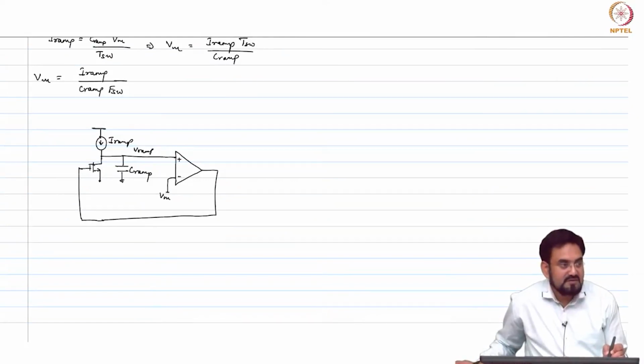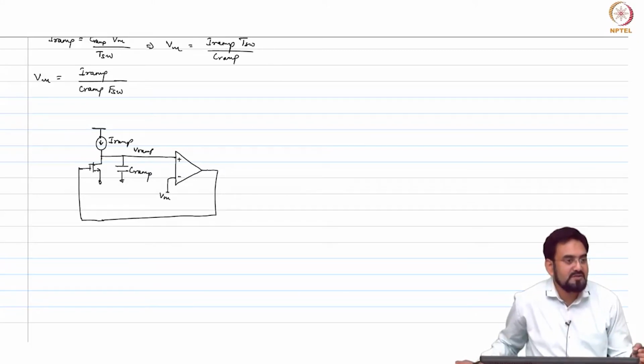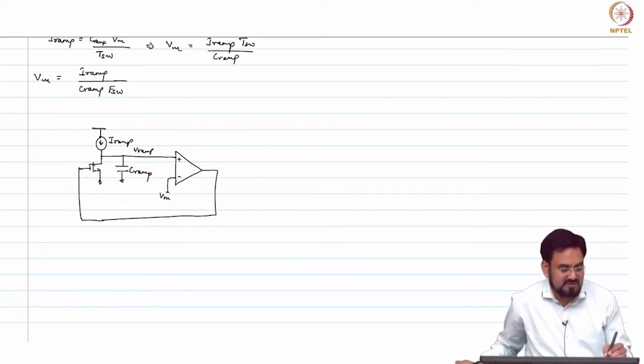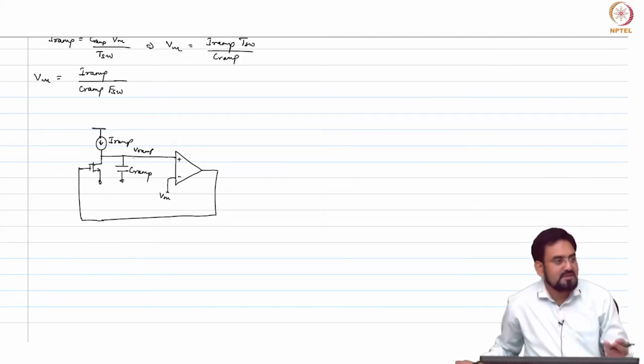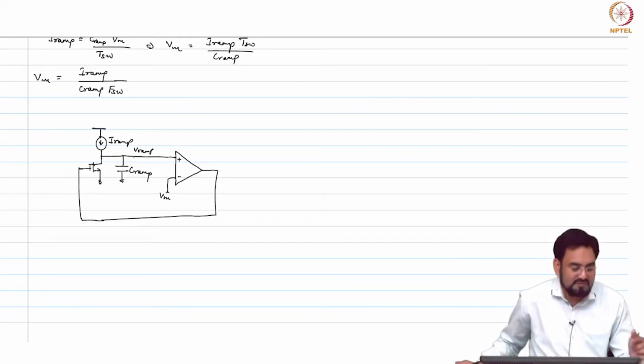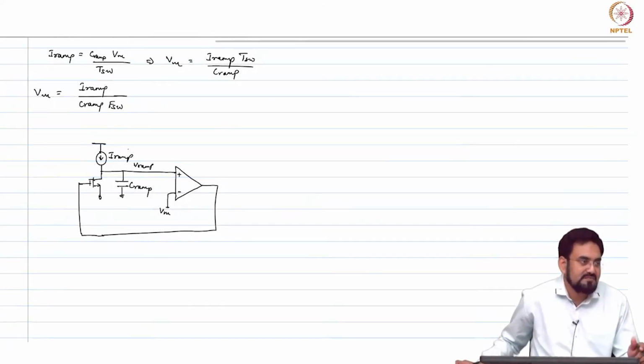What would happen when this reset switch is off, this current will charge your VRAM, and the moment this VRAM goes above VM, this comparator will pull the gate high and it will reset. As soon as it gets reset, what will be the state of the comparator output? It will be low, so this switch will automatically turn off. So, your reset time will depend on the delay of this comparator. If your delay is 1 or 2 nanosecond, that will become your reset time.